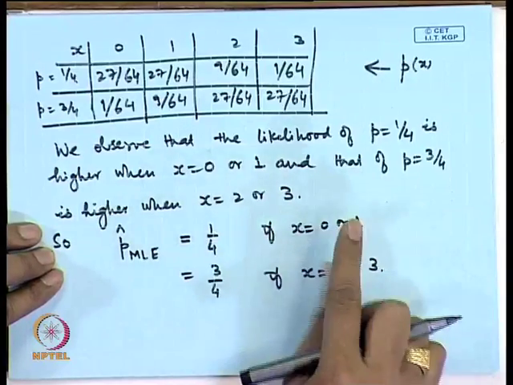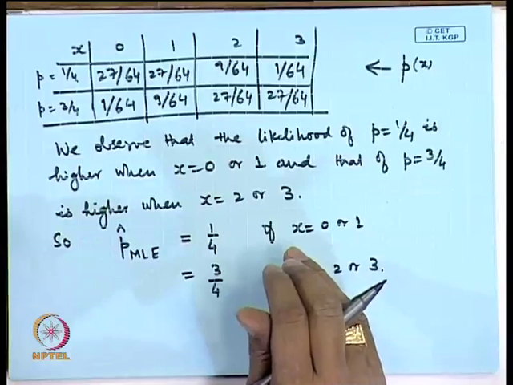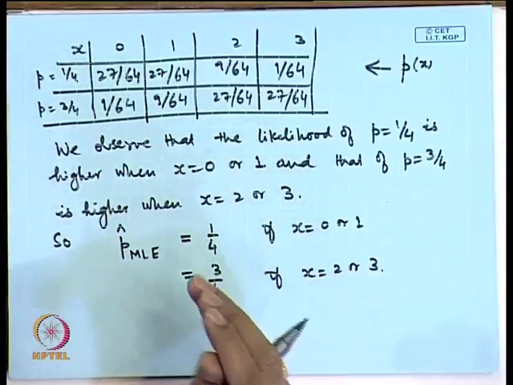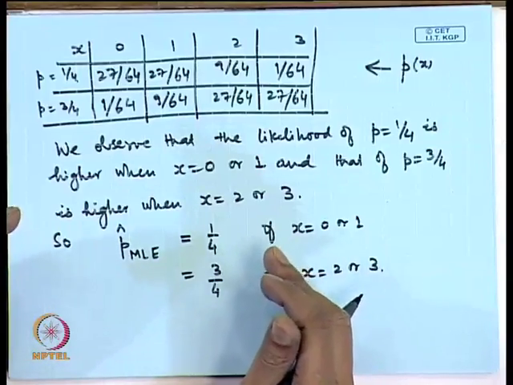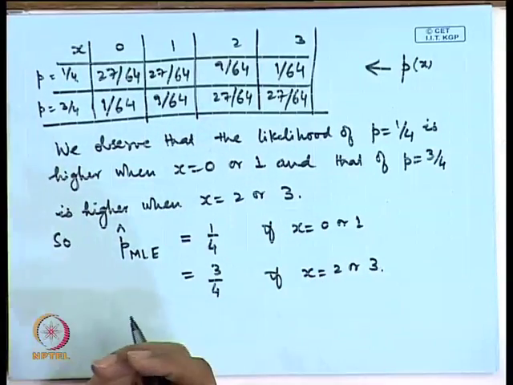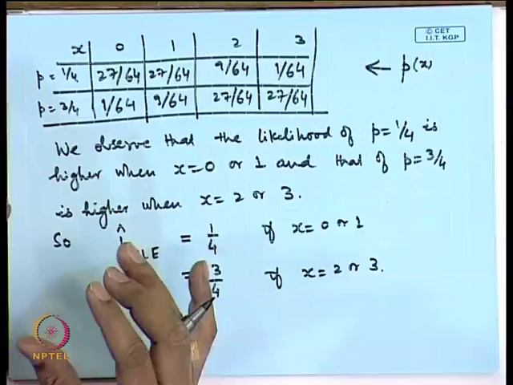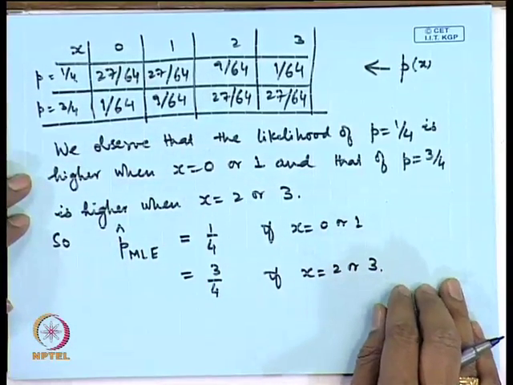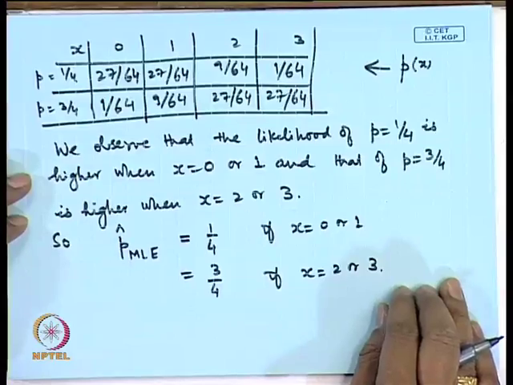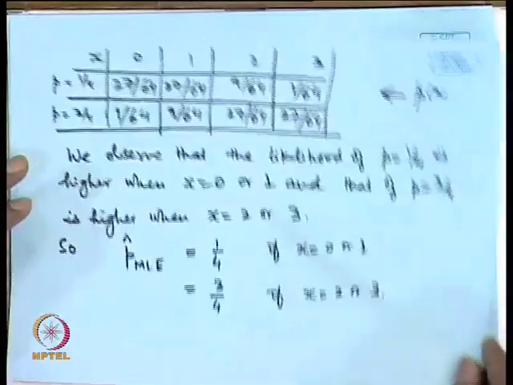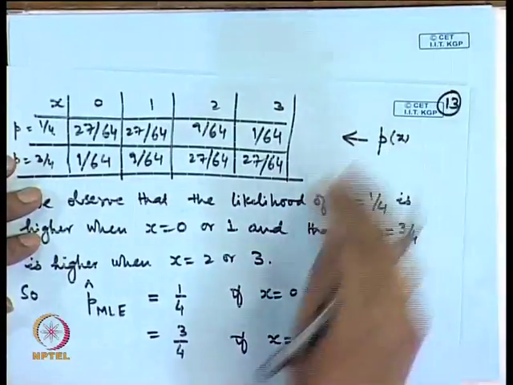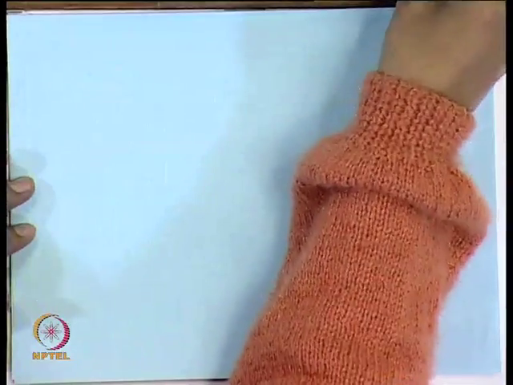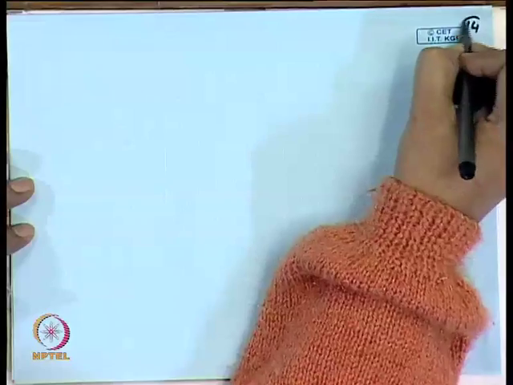So, therefore, this method of maximum likelihood estimation is actually an intuitively appealing procedure, because what it says is that, based on my sample, I have already drawn the sample, and let me use that information for coming to a conclusion about the value of the parameter. That means, in general, if we did not have this information that p is equal to 1/4 or 3/4, then the problem would transform like this.